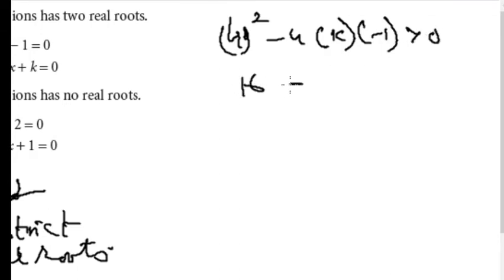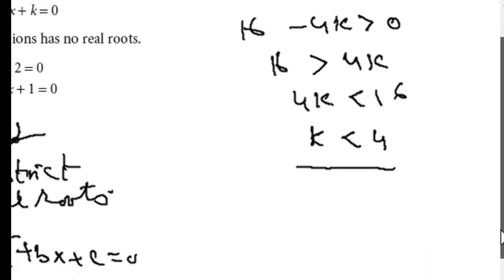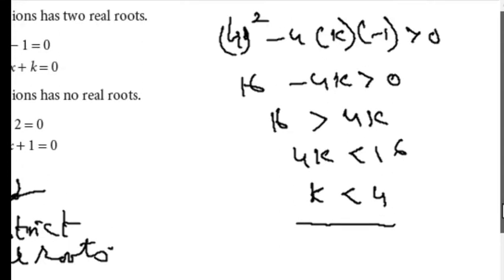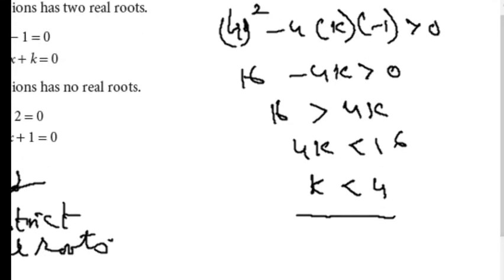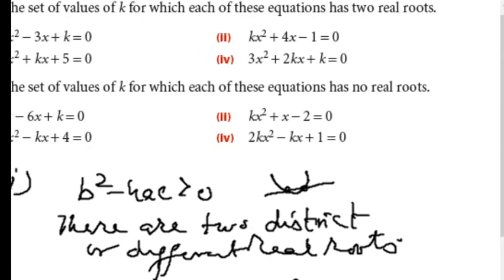Now 16 minus 4k is greater than 0, or I can write 16 is greater than 4k. 4k goes to that side and becomes positive. 4k is less than 16, or k is less than 4. For these values, k less than 4, meaning k is 3, 2, 1 and so on, the expression has two real roots. Now let's do one more question.